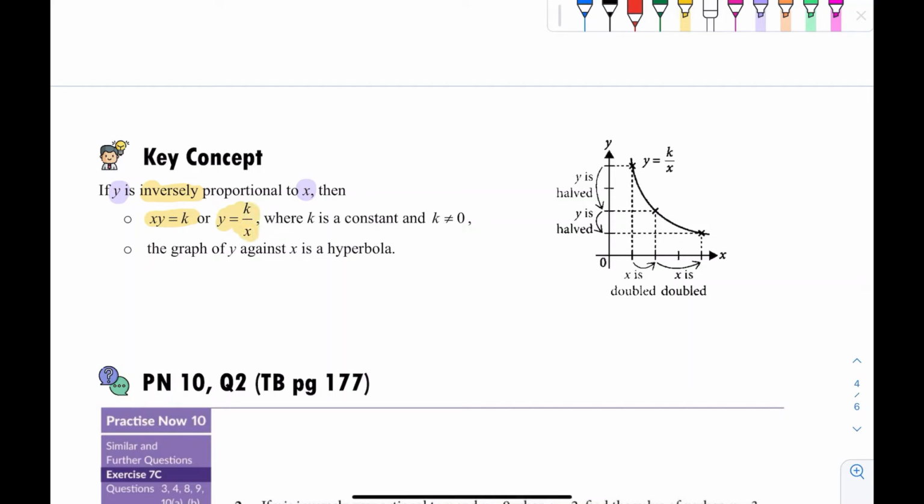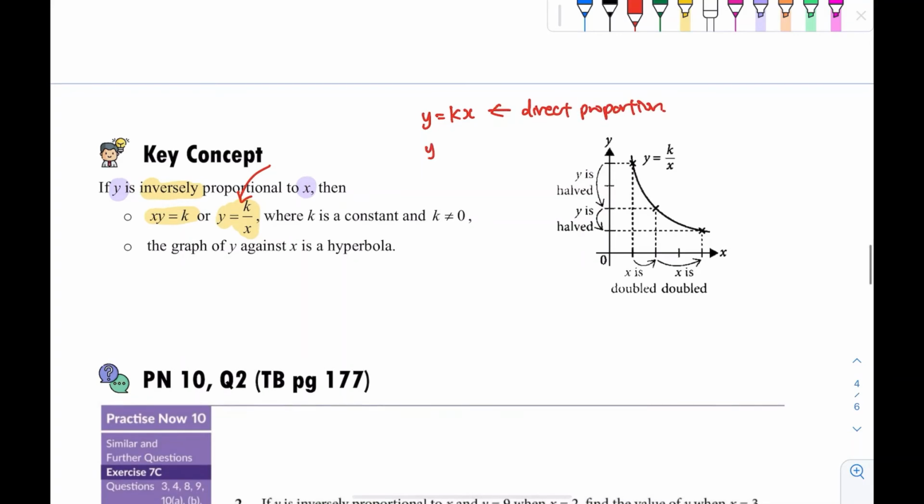Typically, I will be using more of y equals k divided by x, instead of the other, so that there is some comparison to y equals kx, which is for direct proportion, while y equals k divided by x is for inverse proportion. And earlier on we have also mentioned that the graph of y against x is the hyperbola. So the hyperbola refers to this shape over here.